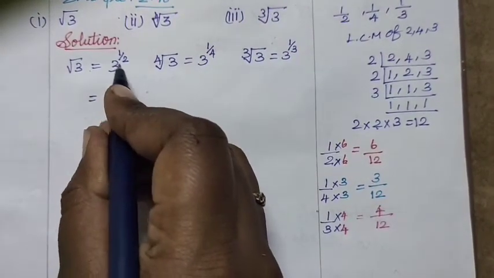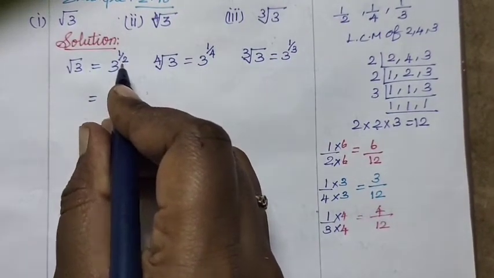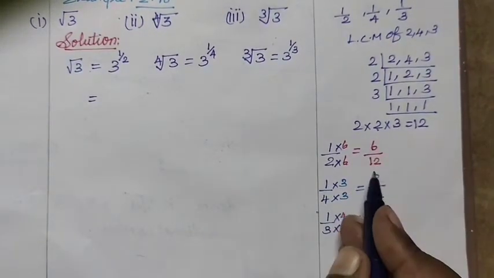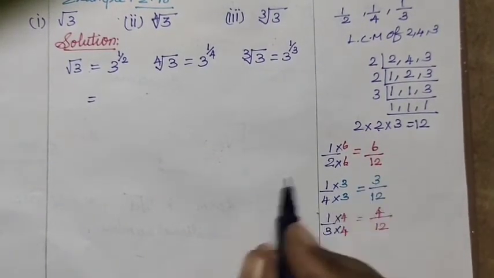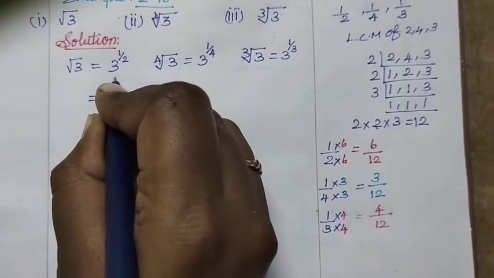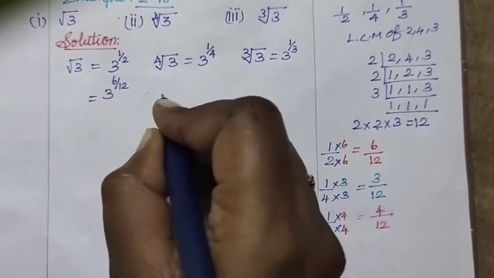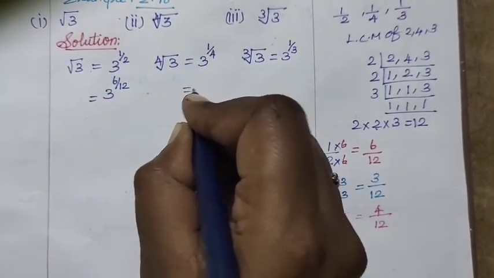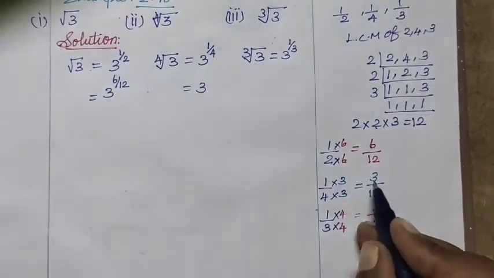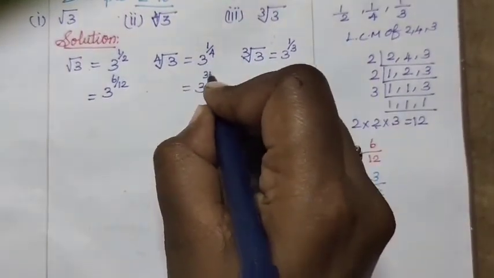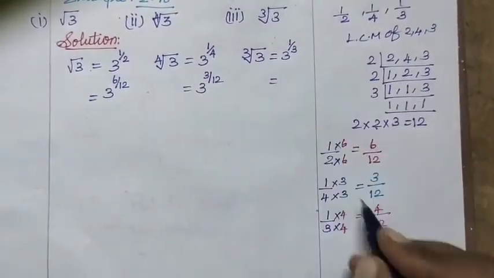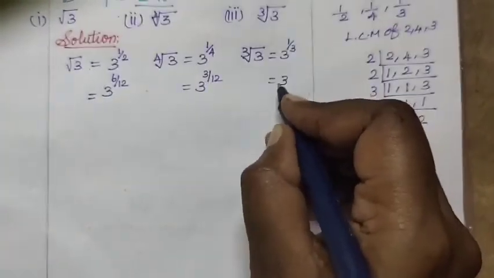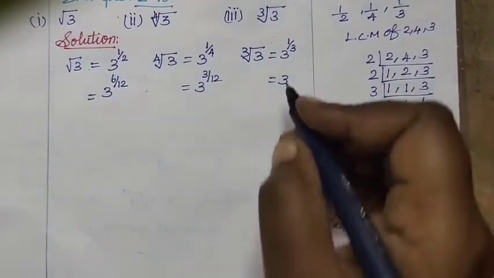Instead of writing 1 by 2, we are going to write 6 by 12. So 3 to the power 6 by 12. Here 3 to the power 3 by 12. Here 3 to the power 4 by 12.